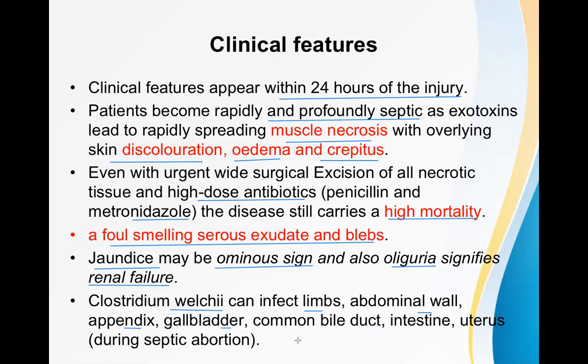Septic abortion means if some healthcare worker induces abortion surgically without properly sterilized equipment, then the infection may enter into the uterine cavity. This is known as septic abortion. And during this time, one of the infections which can occur is gas gangrene. It can kill that lady. So not only the limbs, but so many other organs are also affected by gas gangrene.